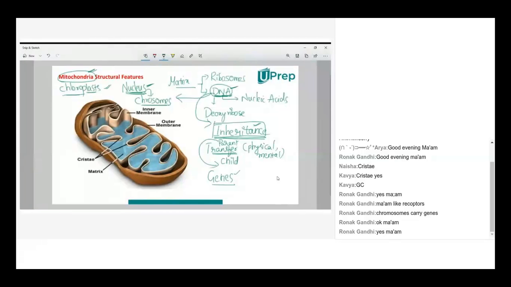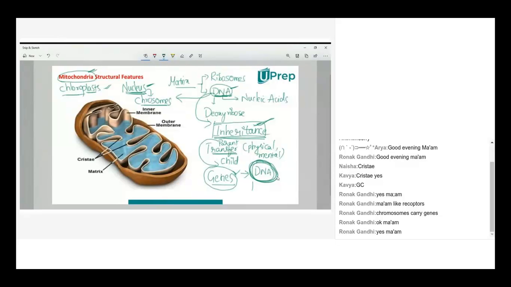Now when you take inheritance, the transfer of characters, genes are basically the part responsible for inheritance. Now what are genes? Genes are nothing but numerous DNA molecules coming together.